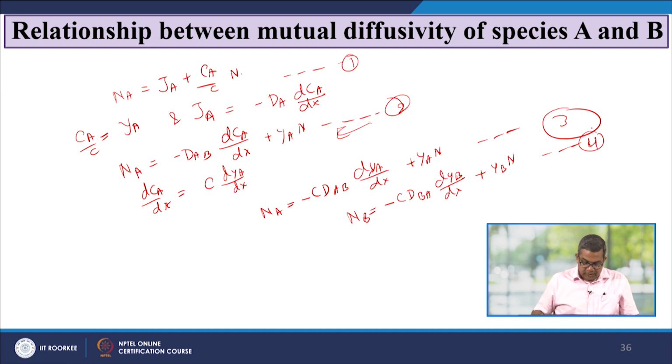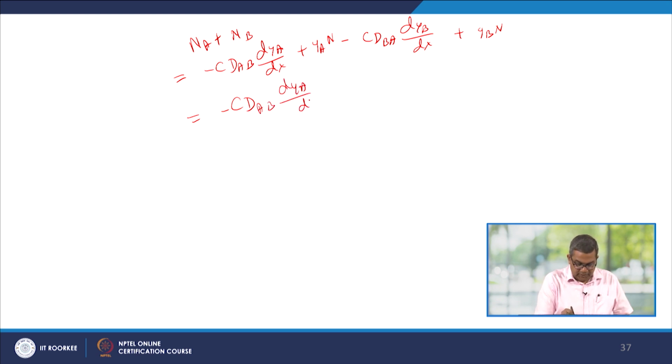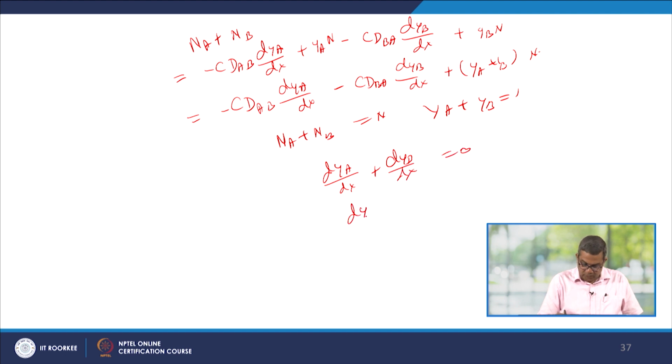Now, if we sum equations 3 and 4, we get Na plus Nb, which comes out to be minus C Dab dYa over dx plus Ya N minus C Dba dYb over dx plus Yb N, or minus C Dab dYa over dx minus C Dba dYb over dx plus (Ya plus Yb) N. Now, since for two components Na plus Nb is equal to N, and Ya plus Yb is equal to 1, dYa over dx plus dYb over dx is equal to 0, and dYa over dx is equal to minus dYb over dx.